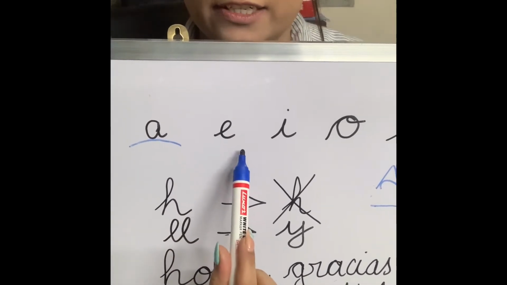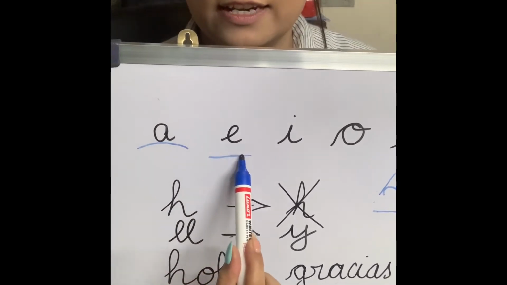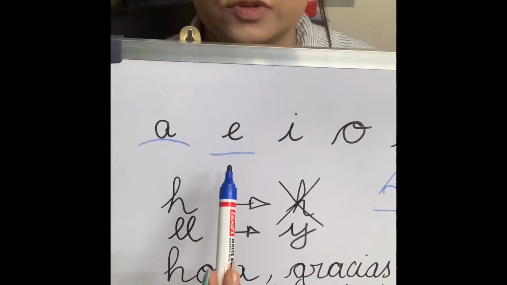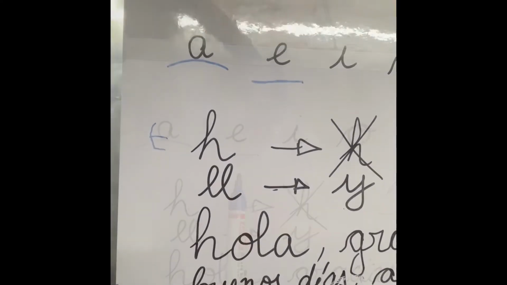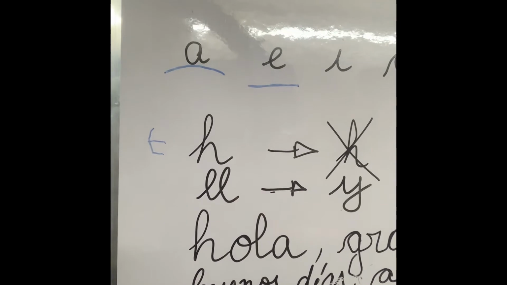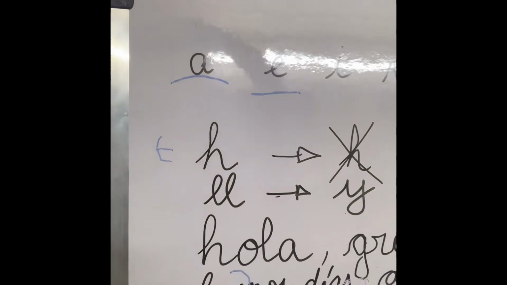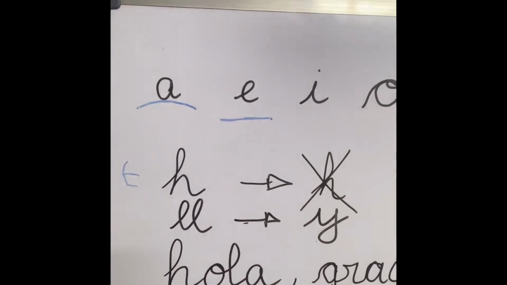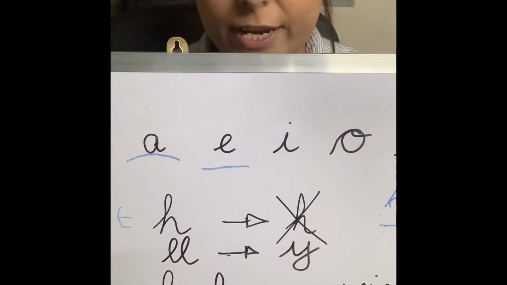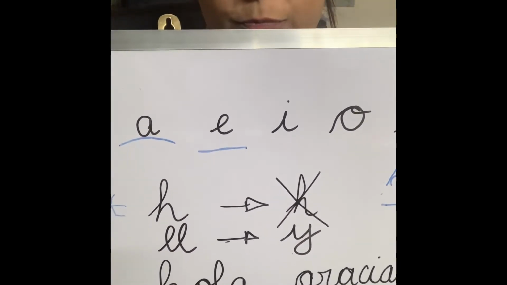Continuing with letter E. The letter E is pronounced as A. Buenos días. Bue. A. So the letter E is pronounced as A. Buenos días means good morning.